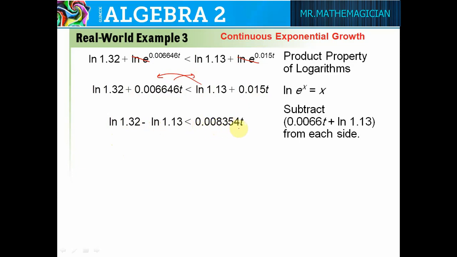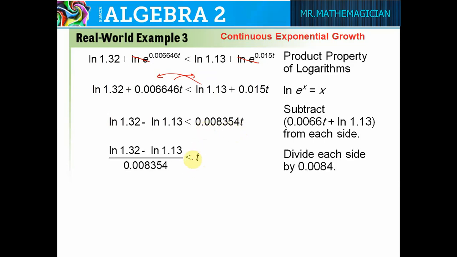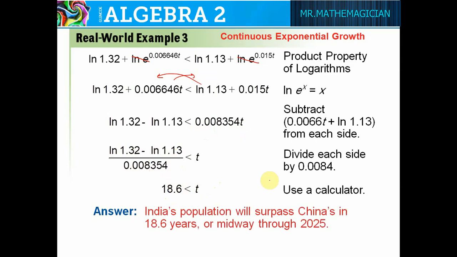You can try it using your calculator. Now we divide both sides by this number, so t should be bigger than ln 1.32 minus ln 1.13 over 0.008354.